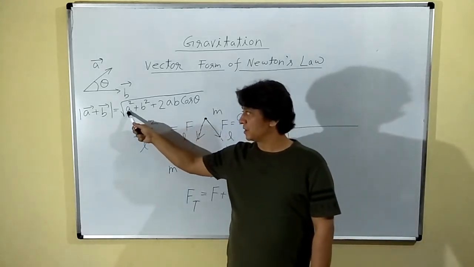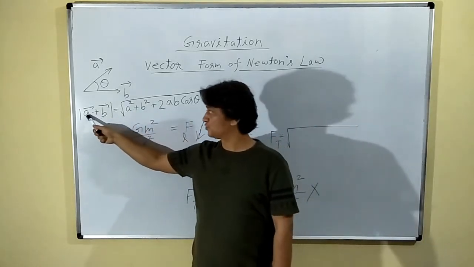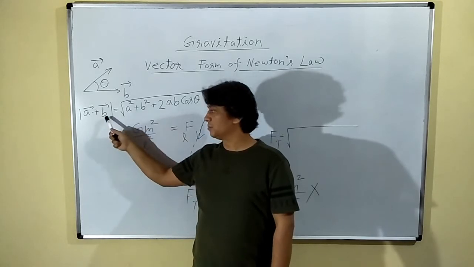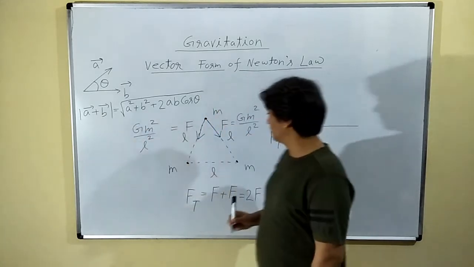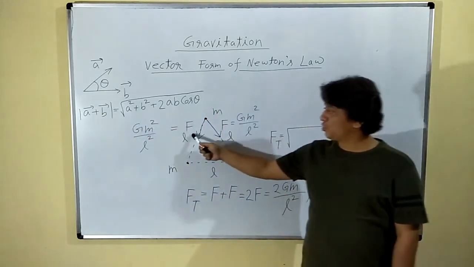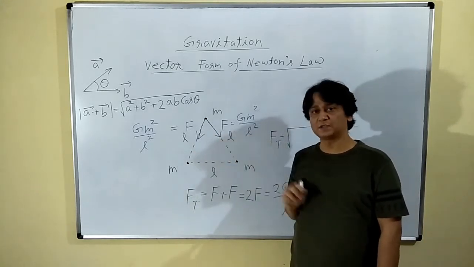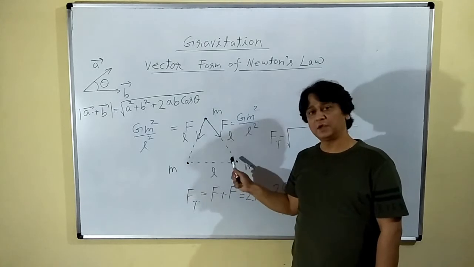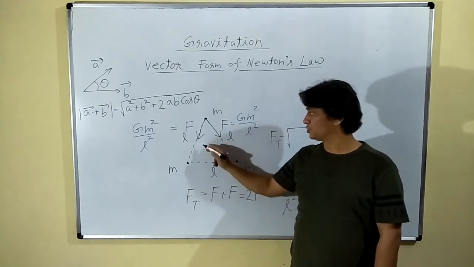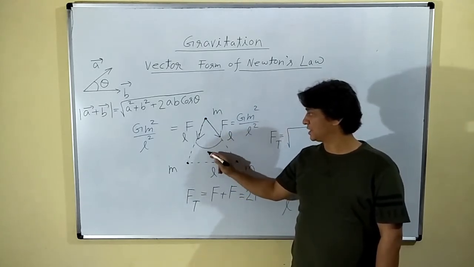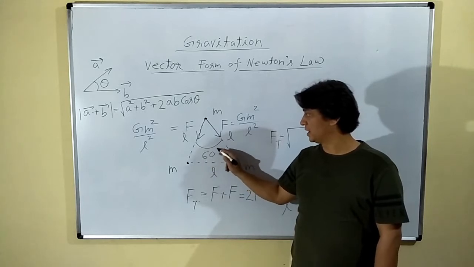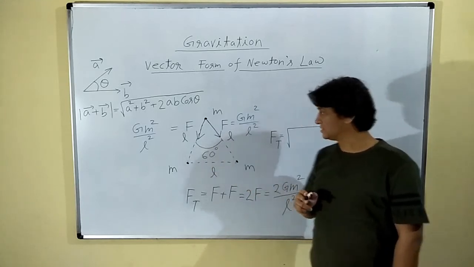What is A? Magnitude of the first vector. B, magnitude of the second vector. What is given as the magnitude of both vectors? The same. This whole thing is an equilateral triangle, which means the angle between these two vectors is 60 degrees.